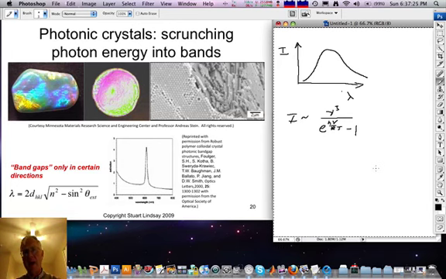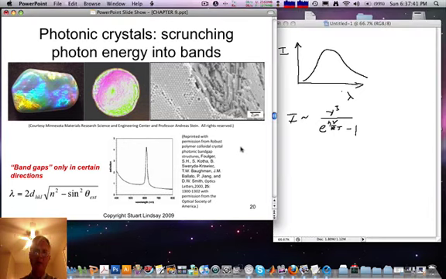If one were to have an object emitting light not in contact with the vacuum, which is how this law was derived, but instead in contact with a material that has the transmission of energy forbidden in certain regions, then the emission of light from this hot object would change dramatically.